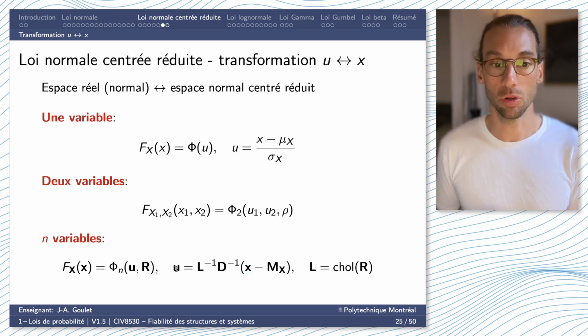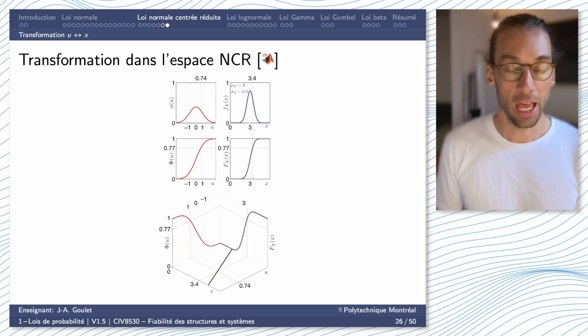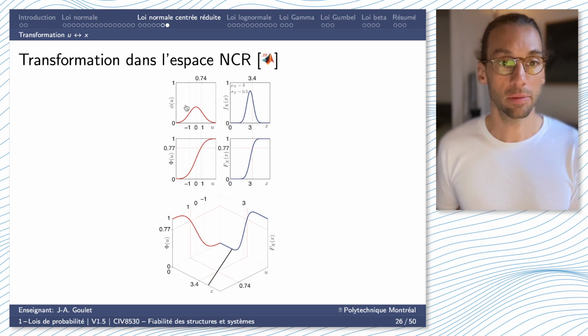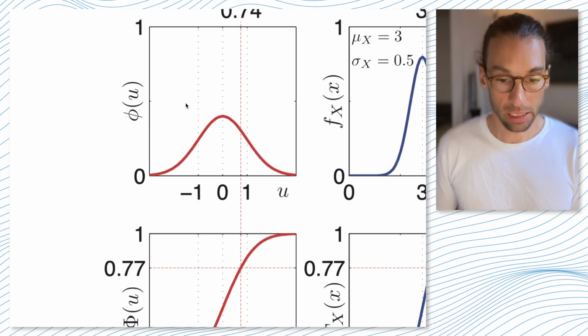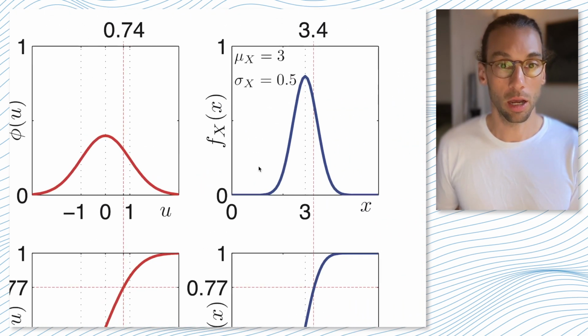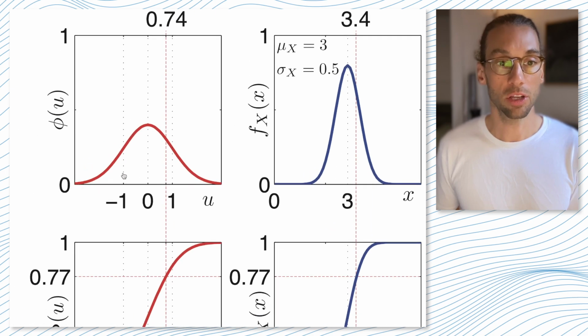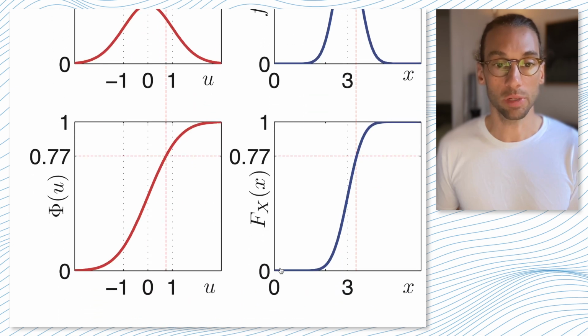That allows us to take an arbitrary correlated Gaussian random variable into its standard normal space. Visually, here we have the original variable with mean 3 and standard deviation 0.5, and this is its PDF. Here we have the standard normal space. To go from one to the other, we must have equality in the CDF.